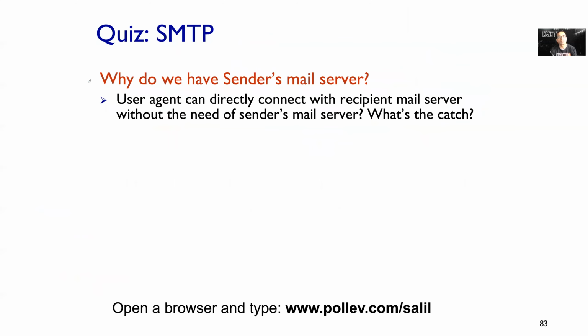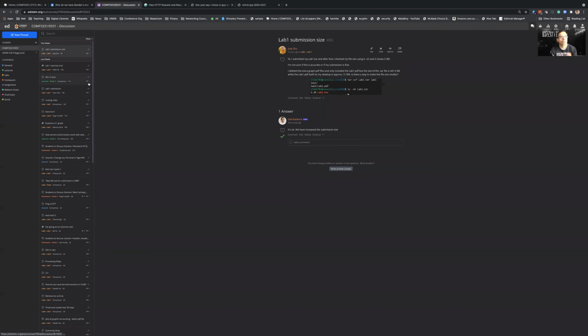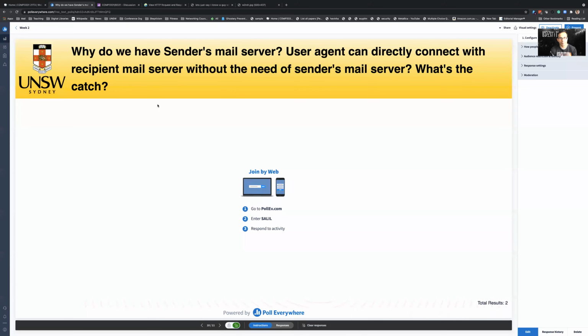Okay. Yeah, a couple of quizzes and then we'll wrap up SMTP. I think this is already active. So this is asking you, why do we have a sender's mail server, right? So in that whole interaction, why couldn't the user agent directly set up a TCP connection with the recipient's email?